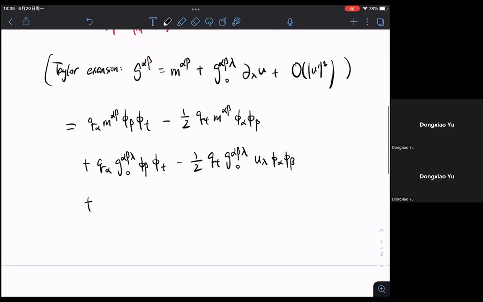Notice that the remainder is of size u prime squared, and Q^alpha and the partial derivative of Q are all bounded, and we also have phi_beta phi_t or phi_alpha phi_beta. So in conclusion, the remainders would be u prime squared times phi prime squared.